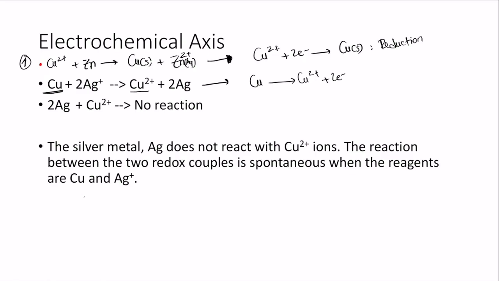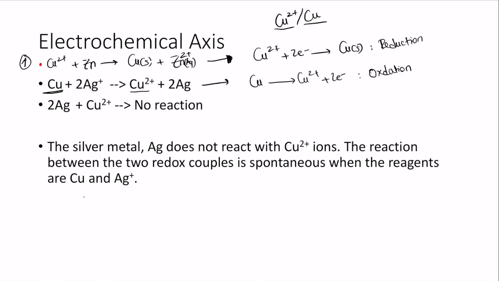In this case, copper undergoes oxidation. So copper can undergo oxidation or reduction. This depends on what element the copper is reacting to. And that's why when we write the redox couple of copper, we say it's Cu2+/Cu, the oxidizing agent slash the reducing agent.